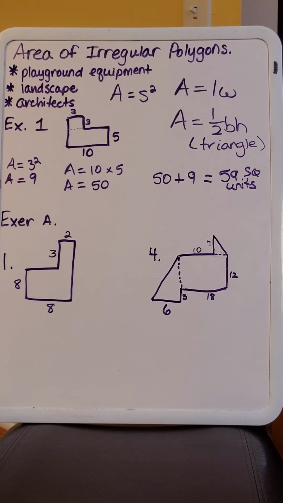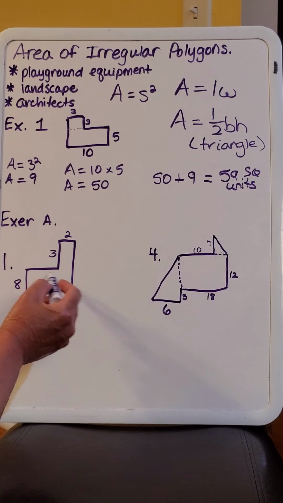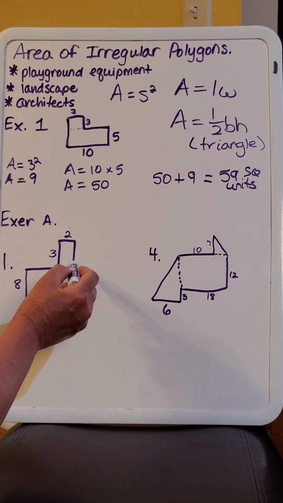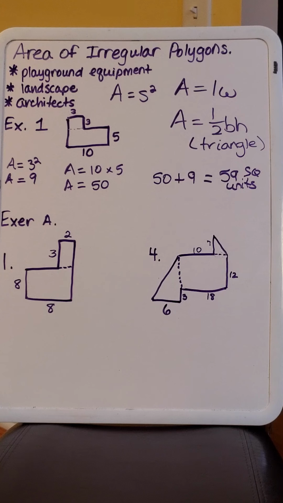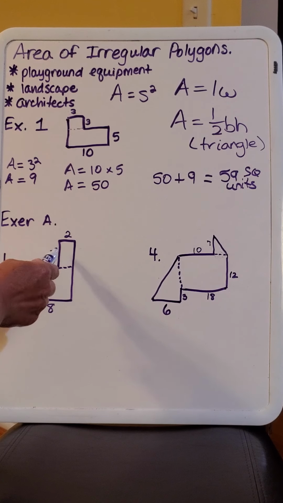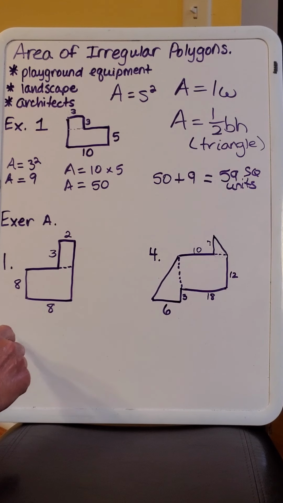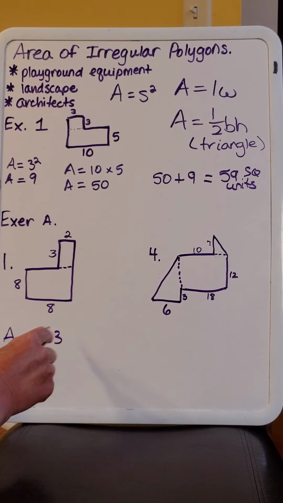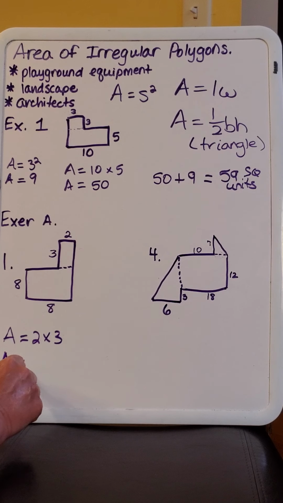So the main thing is being sure to look at that irregular polygon and find the shapes that are making it. So for number 1, hopefully you're looking and saying, yeah, this is a square and a rectangle. The rectangular part is 2 by 3, so area is equal to 2 times 3. So the area is 6, that's for your rectangle.